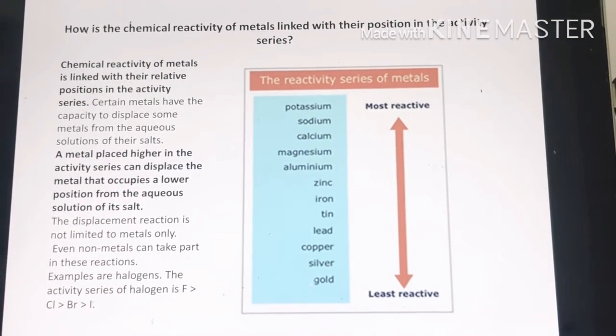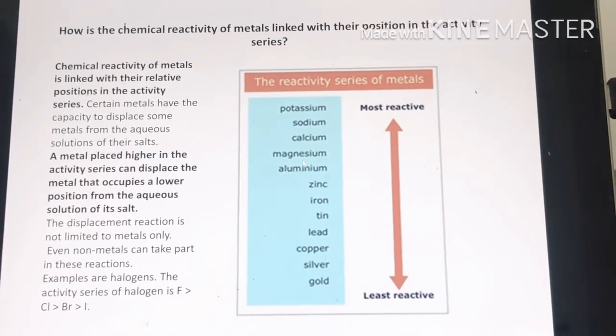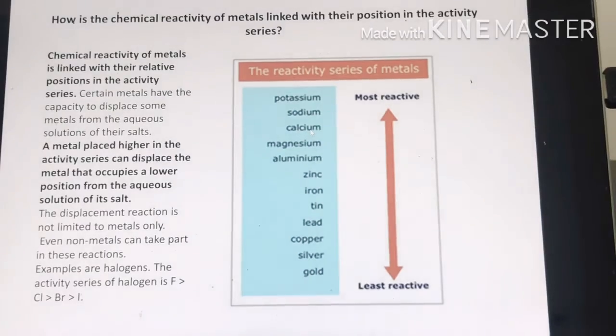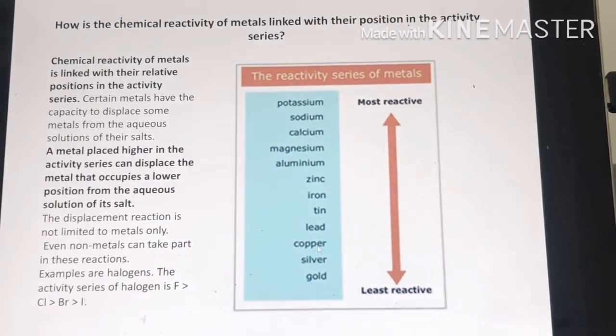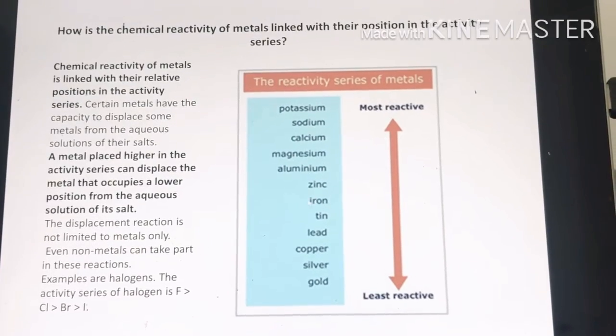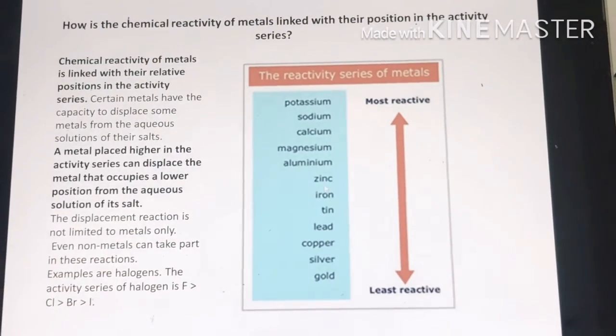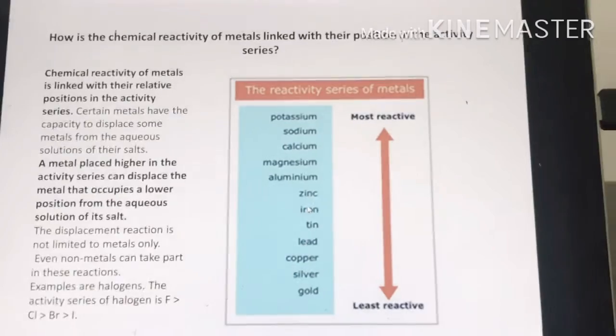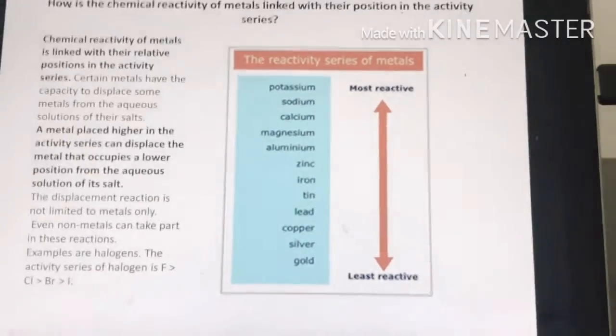Now by looking at the series, we can compare the reactivity of two metals. Like the example which we did, copper sulfate and iron nail, we can see iron is above the copper, so it is more reactive. So it can displace copper from its solution. That's why the reaction has taken place.